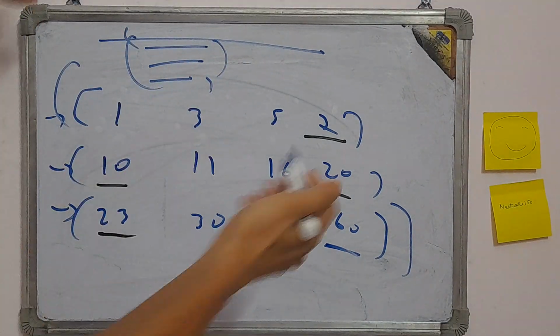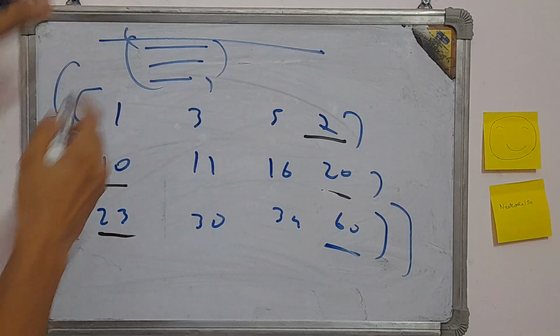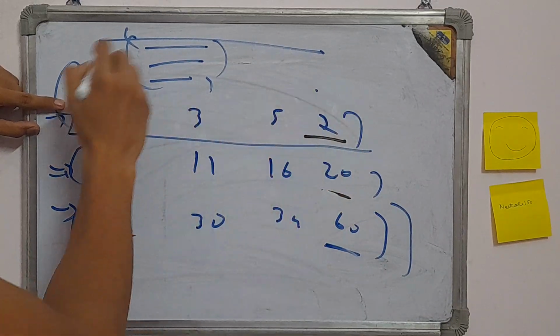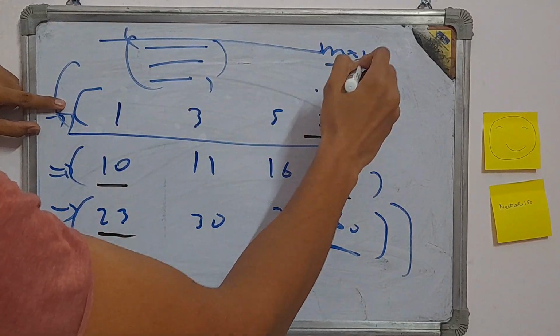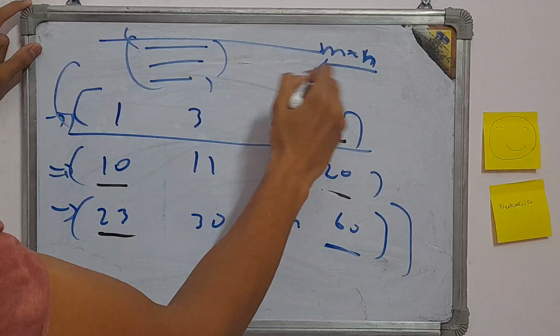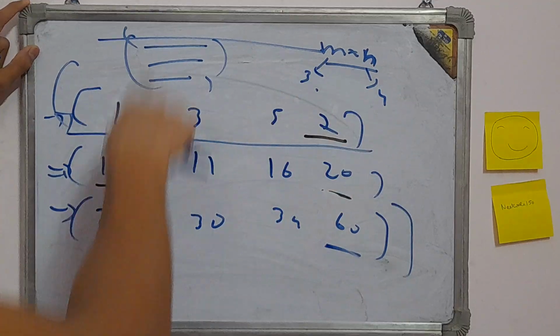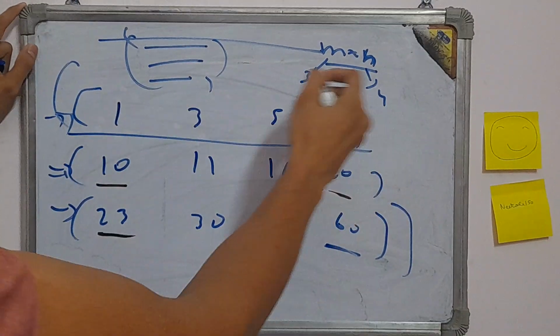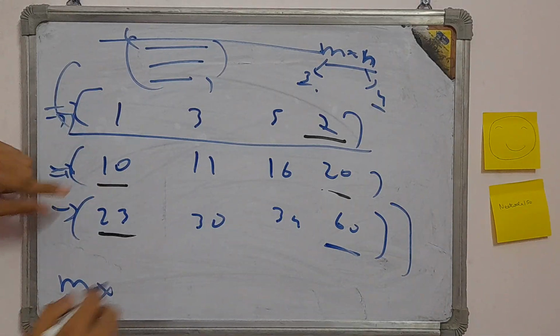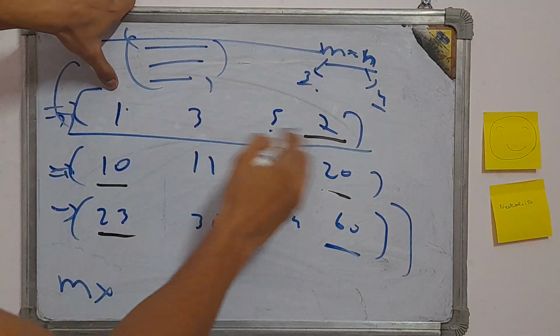So obviously what we will do is, there are 3 rows, and for each row we will do a loop. For this row, let's apply binary search. Let's say it is an m into n matrix, m rows where m is equal to 3, and n is equal to 4 because there are 4 columns. So we do a loop m times, and for each loop we have n elements in the array.